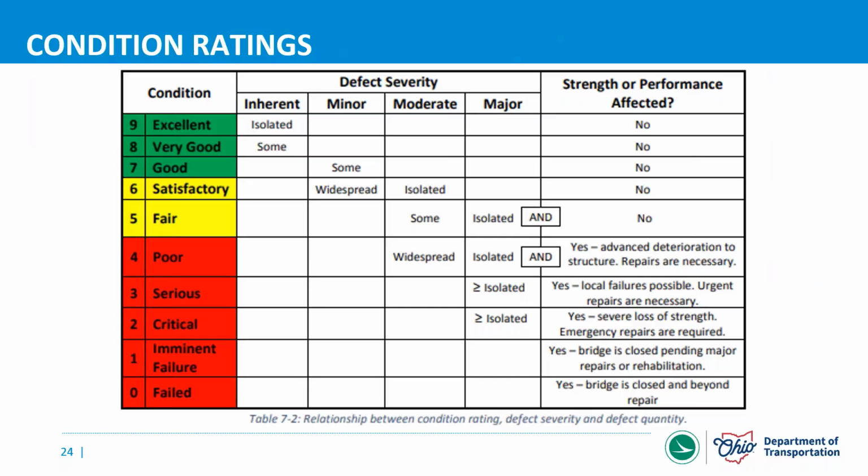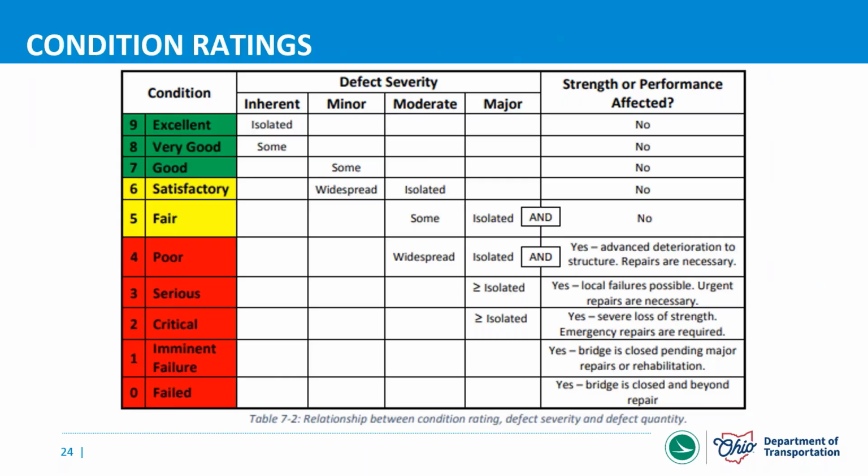So please take a really good look at this table and try to understand what exactly it's saying in relation to what the severity means, as you get lower into chapter 7, as you're looking specifically at decks, superstructure, substructure, etc. And then you start talking about defects and whether they are minor, moderate, major, isolated or widespread, etc. Because this table is in essence just a guide for the rest of the chapter as to where you should relatively land on the 9 through 0 scale.